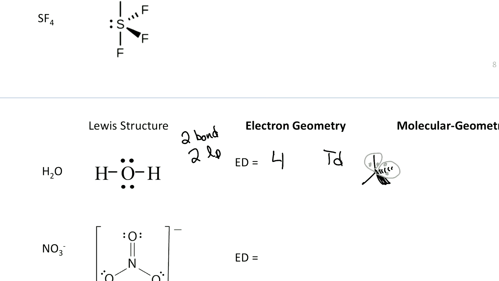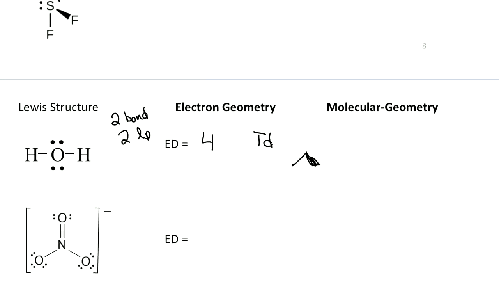So again, what I like to do is just literally erase those 2 lone pairs and ask myself what's left over without moving the other bonds. So in this case, because we took into account 2 lone pairs, this is a bent arrangement, right?